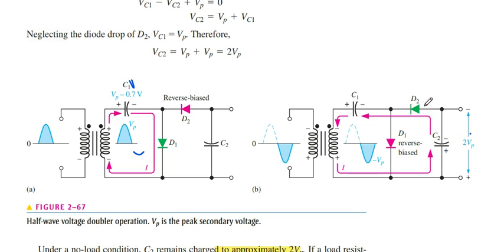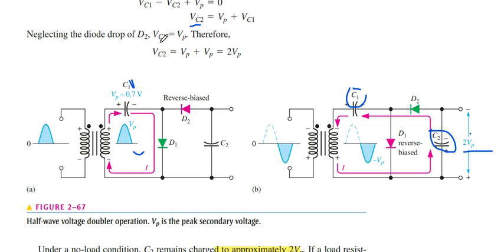Then D2 is forward biased, the current passes in such a way, and as C1 is not discharged, it adds up to the C2 capacitor, raised to the 2Vp value, and the voltage across C2 adds up with the input voltage Vp and the voltage of capacitor C1, both add up at capacitor C2, and we get the output voltage 2Vp as mentioned.